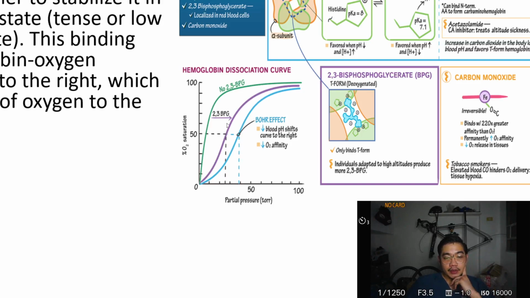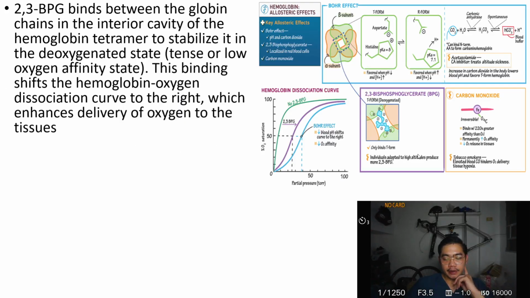Meaning it releases more. So any shift of the hemoglobin dissociation curve to the right simply means the hemoglobin won't hold tight, no? So that's the mnemonic: shift to the right, won't hold tight to the oxygen.